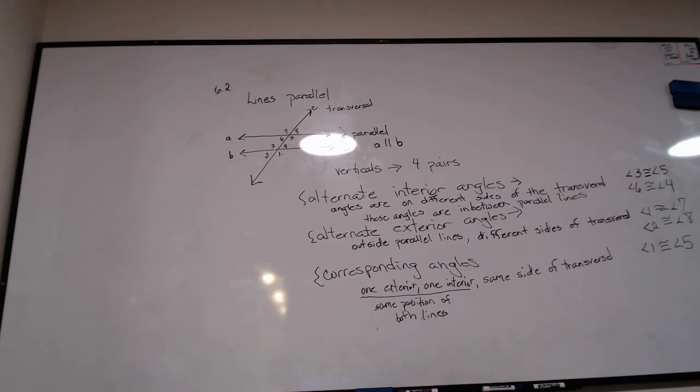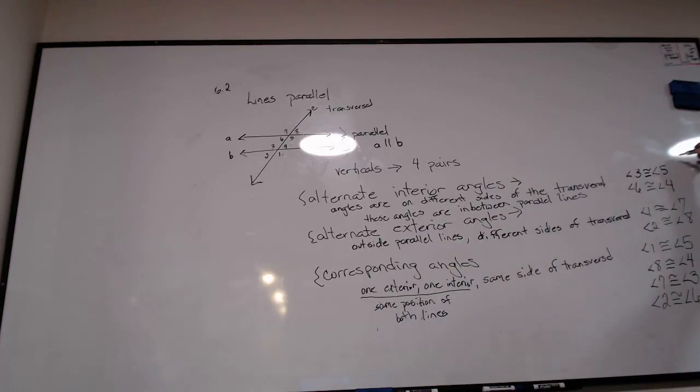Give me another one, David. 8 and 4. Yes, they are corresponding. Give me another one, Paxton. 7 and 3. And give me the last one, Luke. 2 and 6, yes.